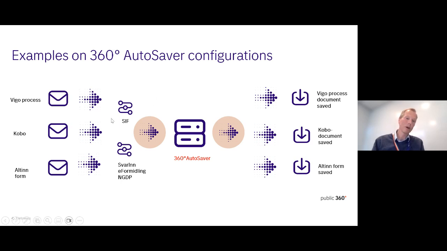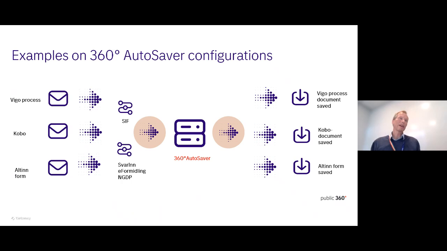For instance, SIF or Svar e-formidling in Norway and NGDP in Denmark. And then the Autosaver processes the data in the unregistered list and puts it into an archiving state. So it's archived, finished. And we will show a video afterwards that shows this in practice.